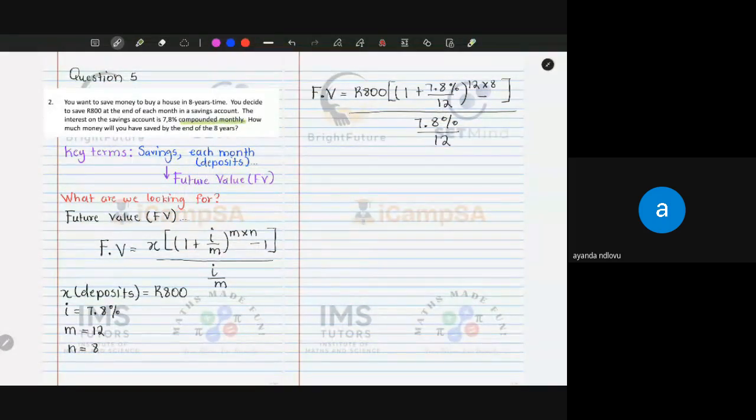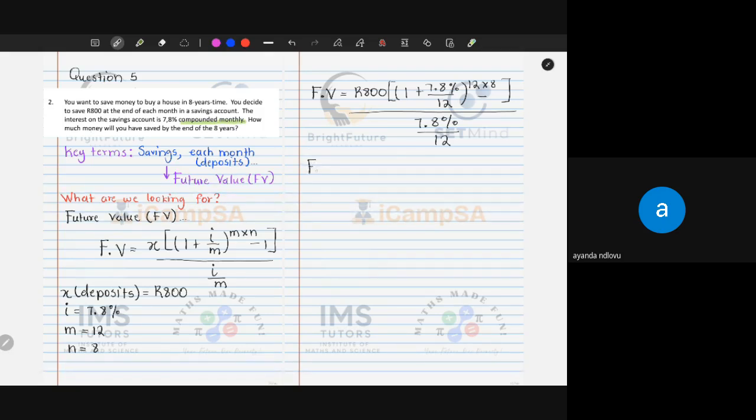What is the future value, guys? How much money are we going to have in the bank? We want to save up for our house. We are getting old. So we put in 800 rands, and 8 years later, we go to see in the bank how much is there.